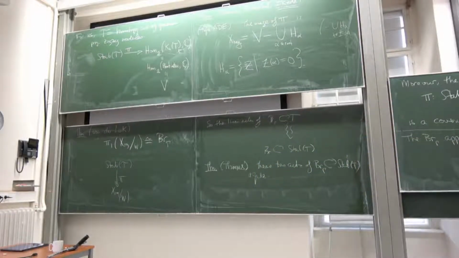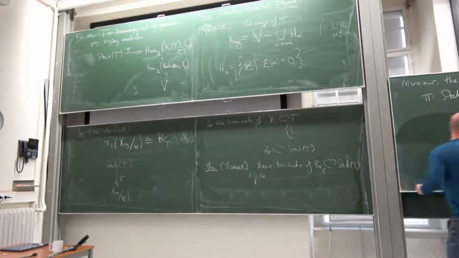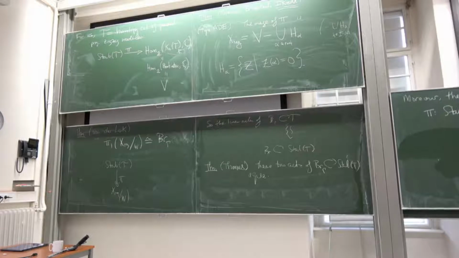So now, in the last minute, I'll tell you what is the most important question in the abstract theory of braid groups?